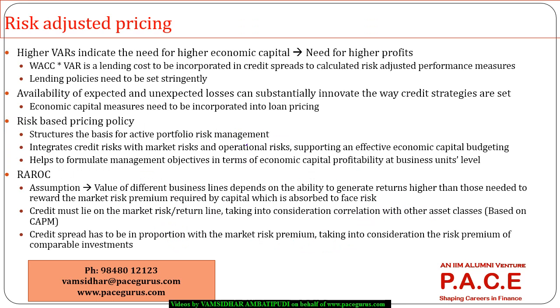Then the next aspect that is essential in this session is the risk adjusted pricing. We have already discussed that if the value at risk is much higher, then obviously the amount of capital that is needed as a protection against the risk also is much higher.